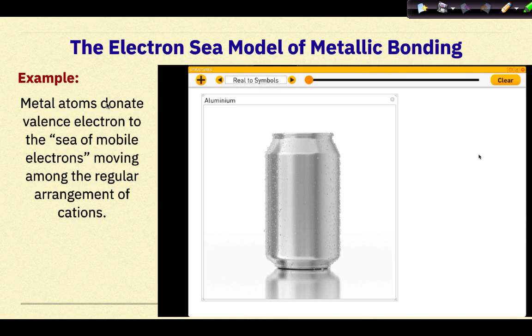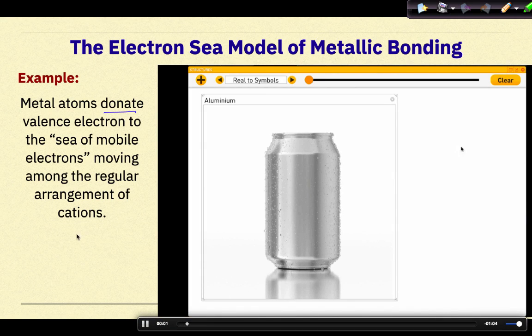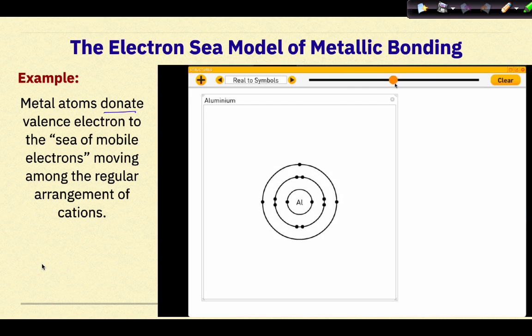Here is an example. What we're going to be looking at here is metal atoms donating valence electrons to the sea of mobile electrons moving among the regular arrangement of cations. So we're just going to start with a simple aluminum can. And when we think about this aluminum can and we zoom in on it, we can see this Bohr model of the aluminum atom with its 3 valence electrons.